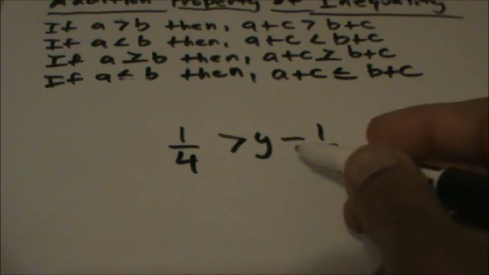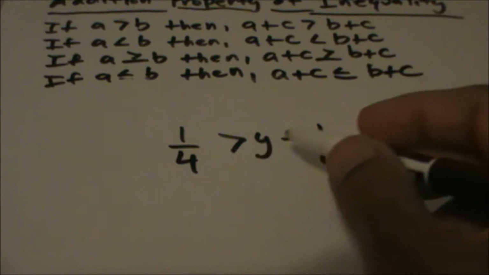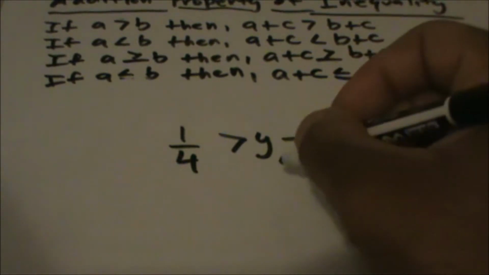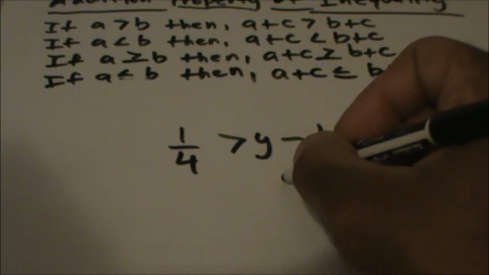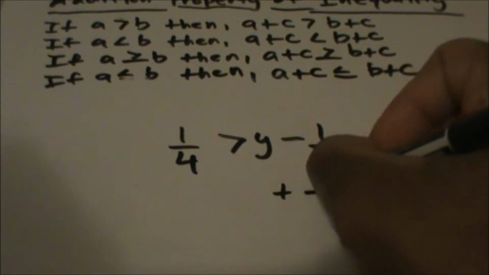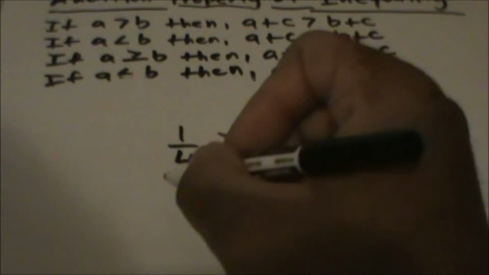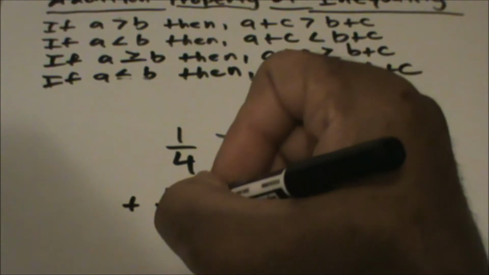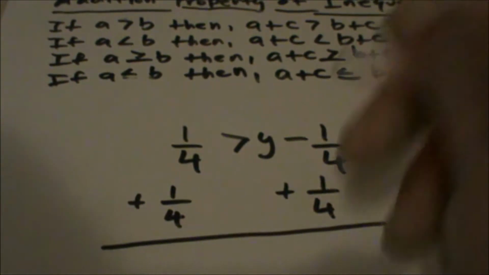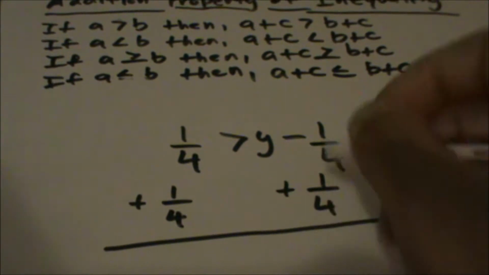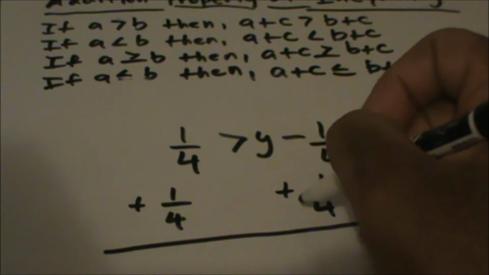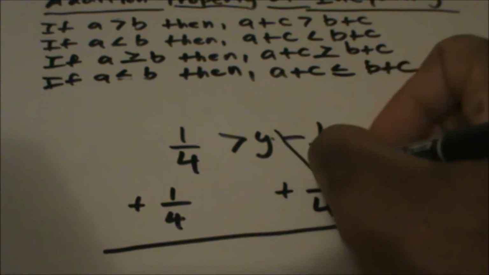Again, we've got to get y by itself, so we add an equal quantity on both sides using method 2, plus, which is straight line, plus 1/4 on both sides. 1/4 and a negative 1/4, positive and negative, both cancel.